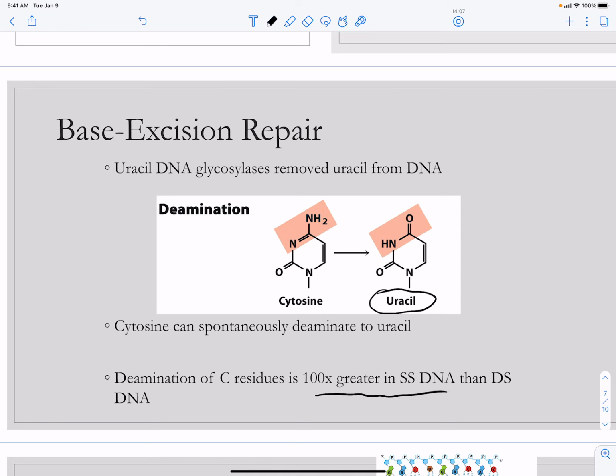So when you have the unwinding of the DNA to expose it, whether for replication that we've just been talking about, or for transcription, making RNA, whenever you have exposure of those single-stranded DNAs, spontaneously cytosine in your DNA can deaminate to form uracil. Of course, deamination, it loses that amine group, and it becomes uracil.